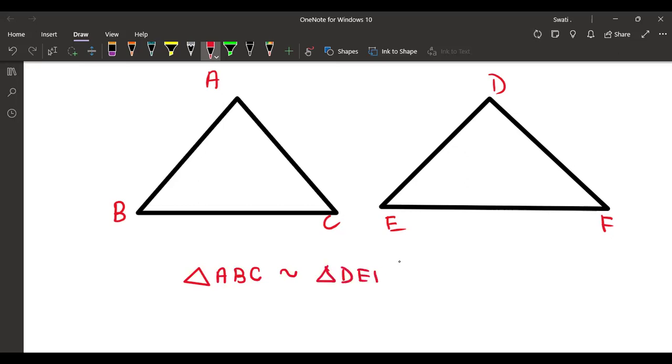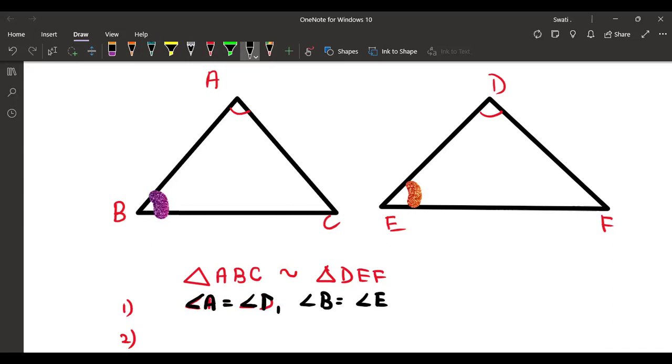This will happen only with two conditions. What are the two conditions? When the corresponding angles are equal. That means angle A is equal to angle D, angle B is equal to angle E, and one more condition, which is, any idea?